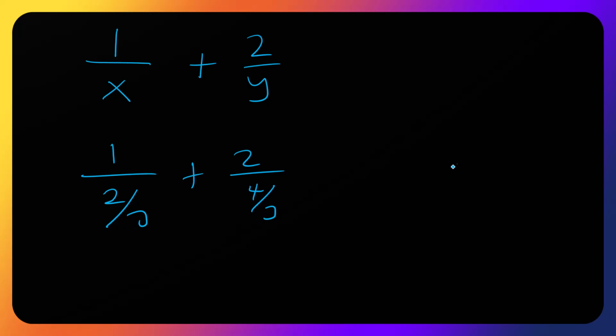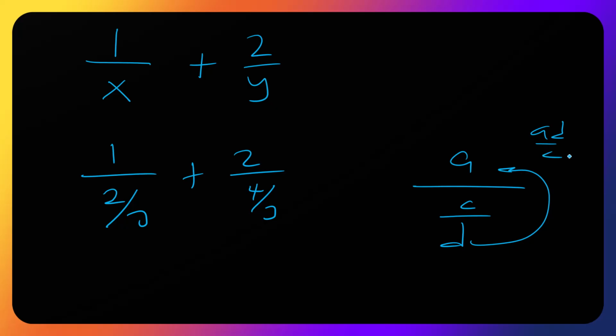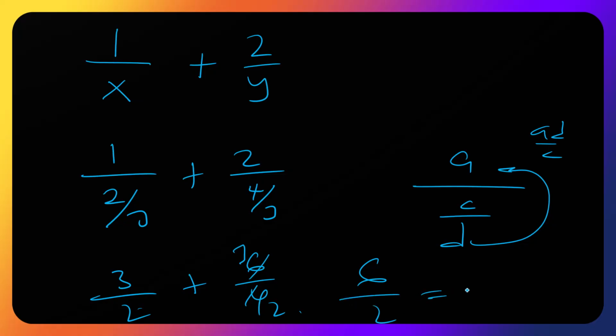When we have A on C on D, this one will multiply this, that will be AD over C. So this side will be 3 on 2 plus, and you have 6 on 4, which simplifies to 3 on 2. We have equal denominators, so that will be 6 on 2, which is 3.